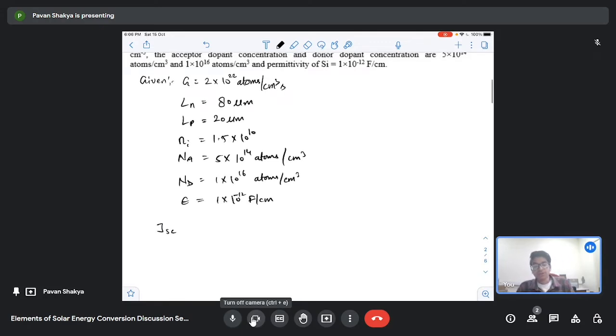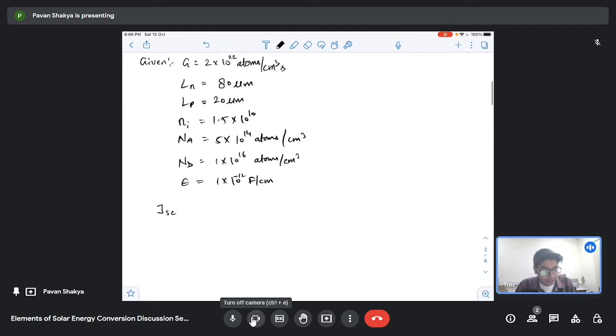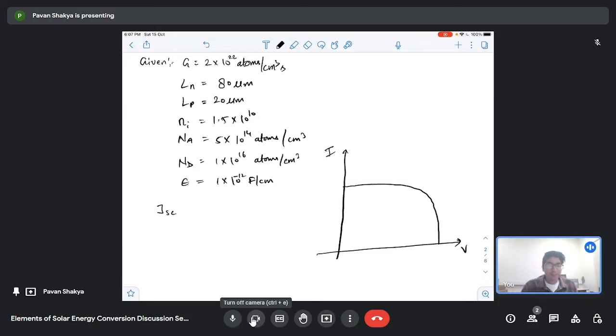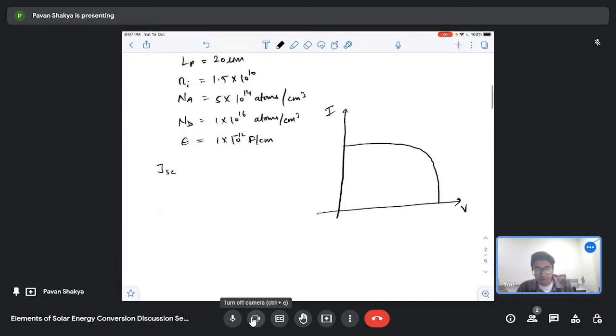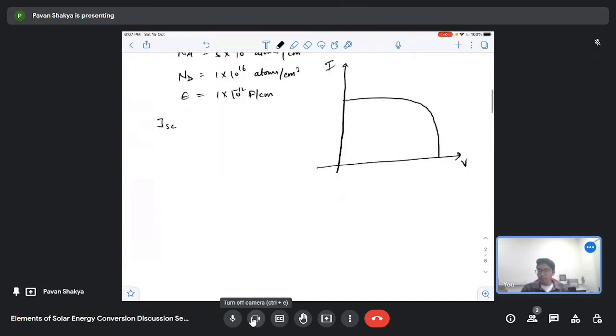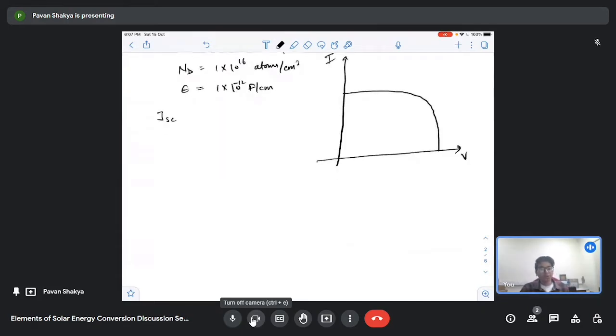Okay, if we try to see the IV characteristic for this PN junction, then we have seen in the lecture notes that the curve is like this, where the y-axis is current and the x-axis is the voltage. With the given formulas we can solve this problem.